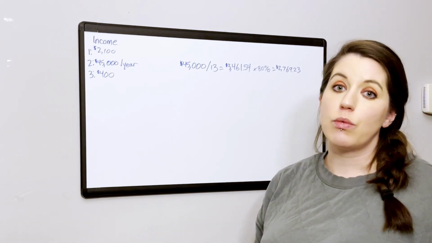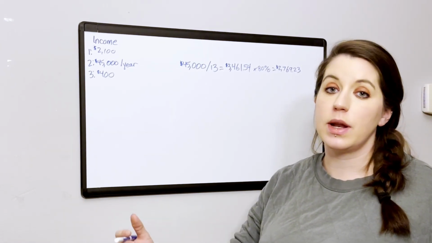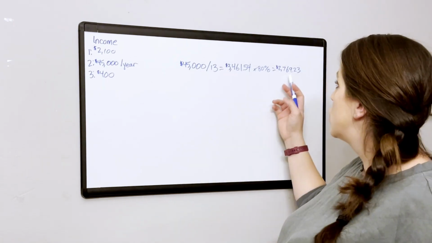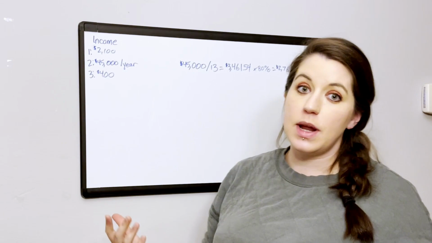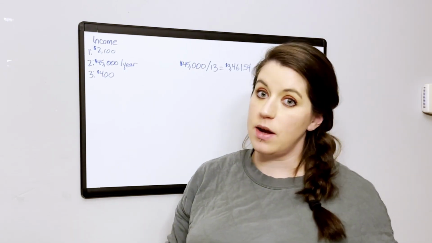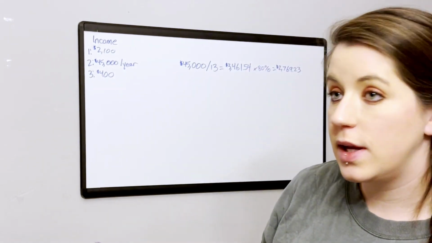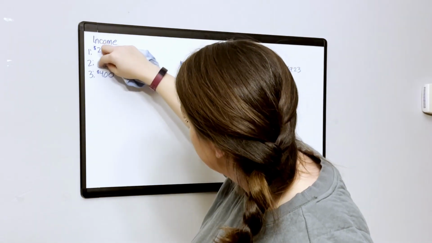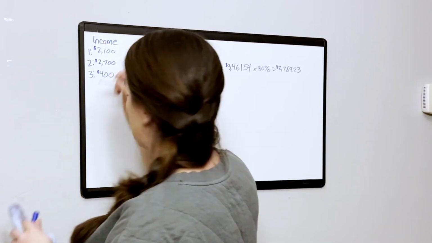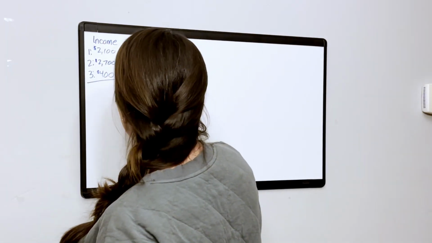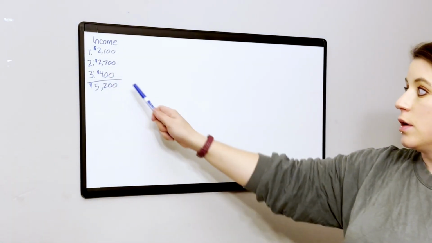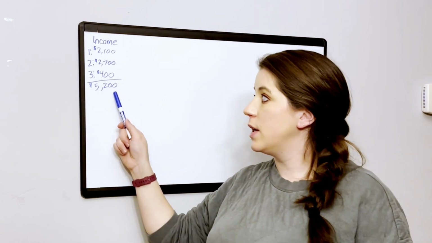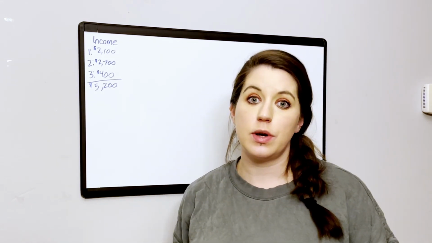As I said, we want to round that down to a whole number, and because it's an income, we're rounding down. So I'm just going to use $2,700. And between the two incomes, they're going to have a positive cash flow already of $100 before we even get into budgeting. So their income that they're bringing in every single month is $5,200.